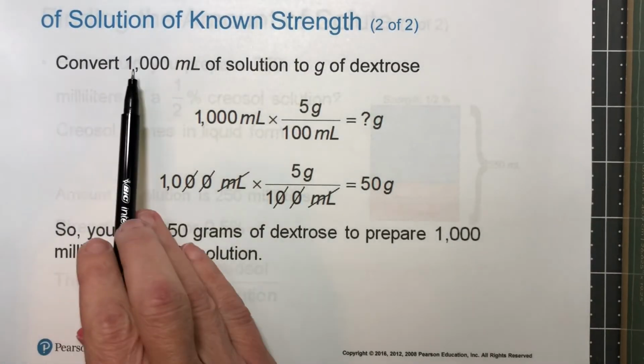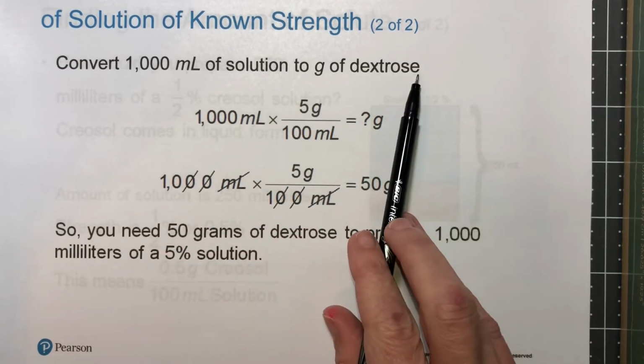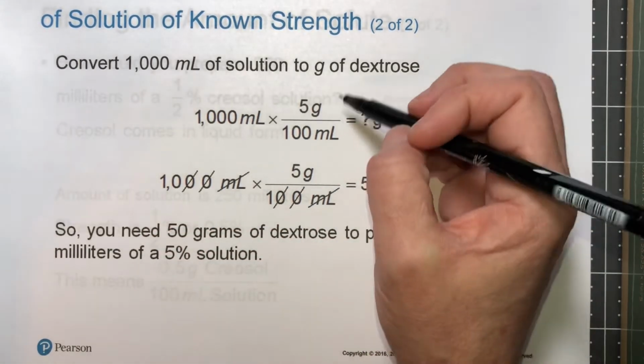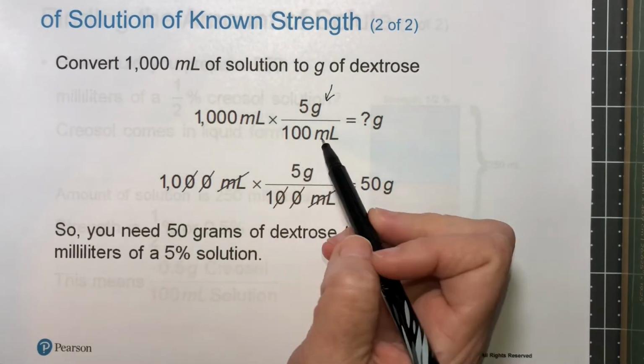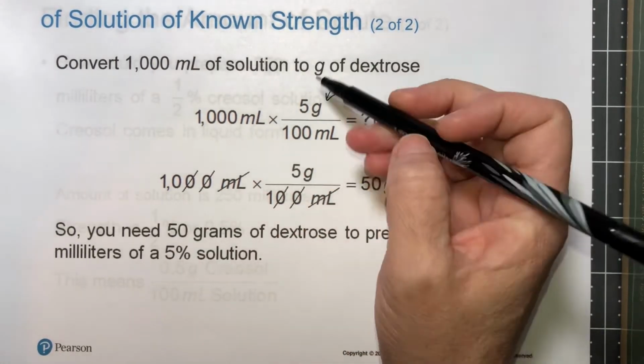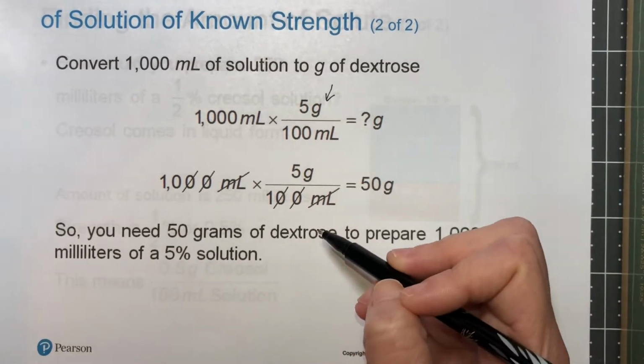We want to convert 1,000 milliliters of solution to grams of dextrose. So this was our strength. And just like when we were doing all the other conversions, when you multiply, you want your units to cancel out. And what you want to end up with, grams, you want in the top.